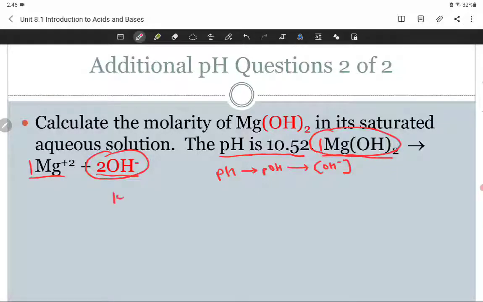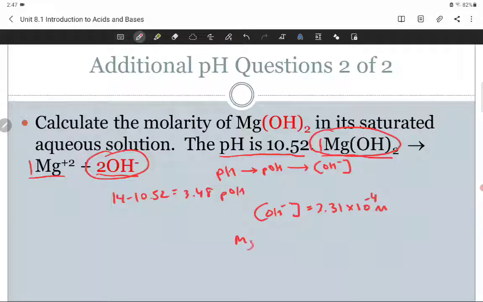Okay, so 14 minus 10.52. What is that? That's 3.48 for the pOH. And then put the negative 3.48 anti-log into your calculator, and the hydroxide concentration is 3.31 times 10 to the negative 4th molar.